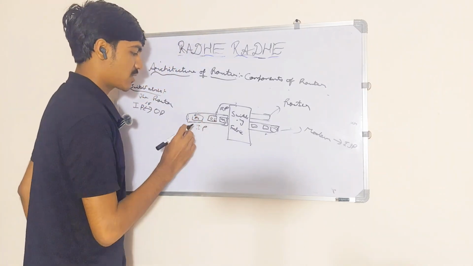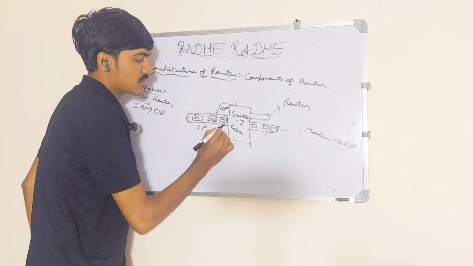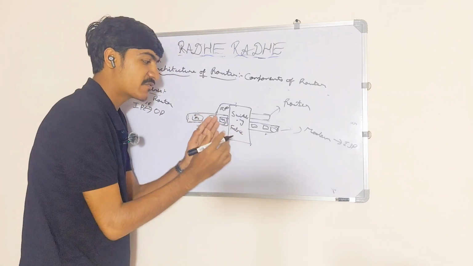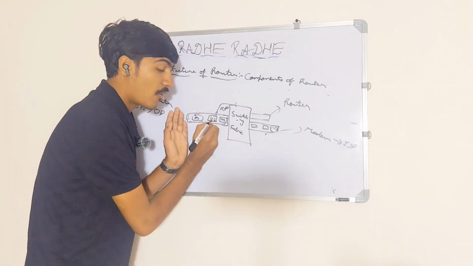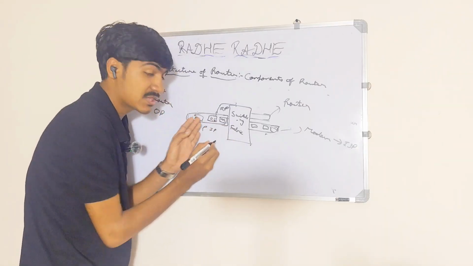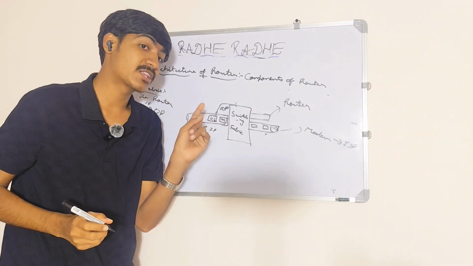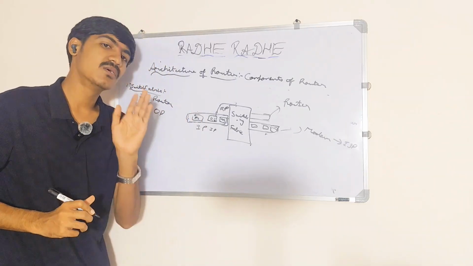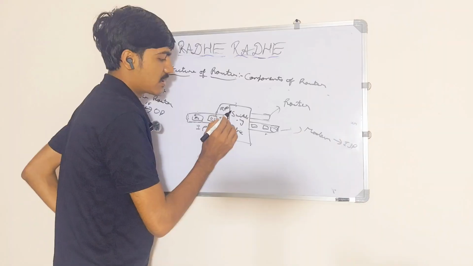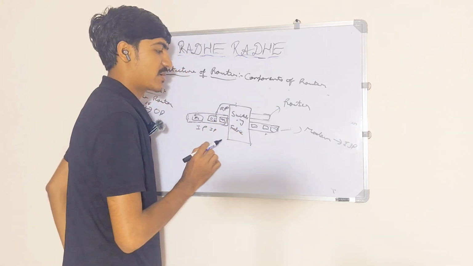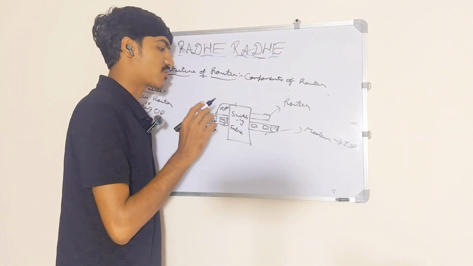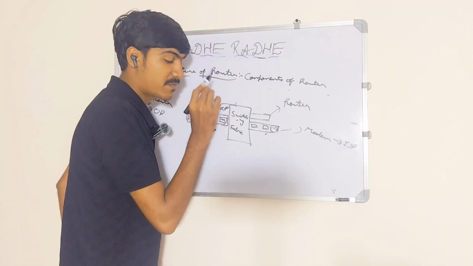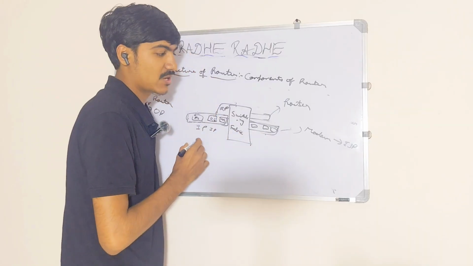Now the switching fabric is the one which decides on the basis of the destination IP in the packet. I told you the destination IP is youtube.com. Now the switching fabric will say, okay, the destination IP is youtube.com, I should connect that packet to this output port. Why?